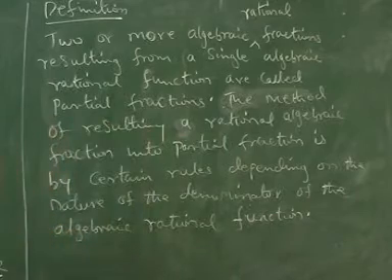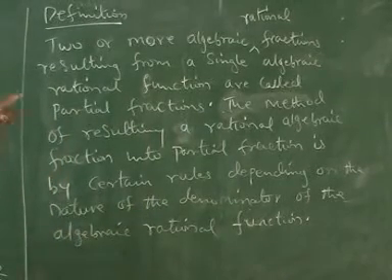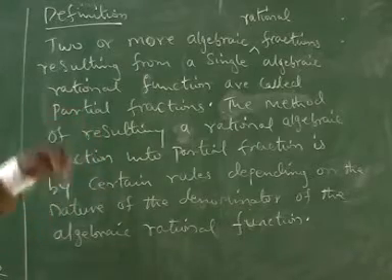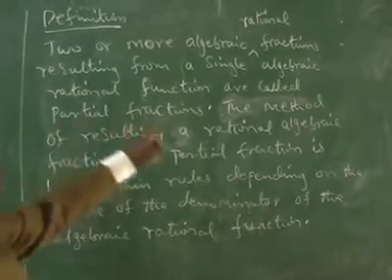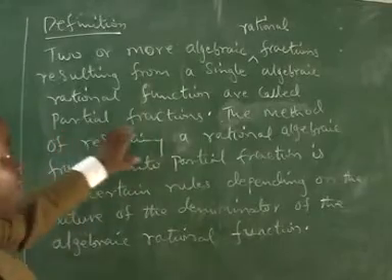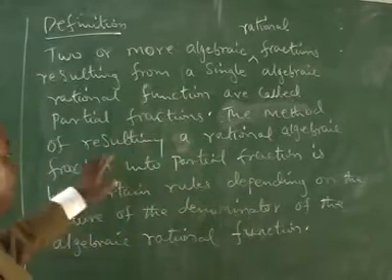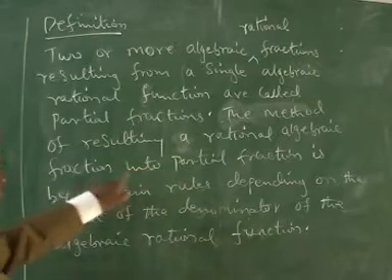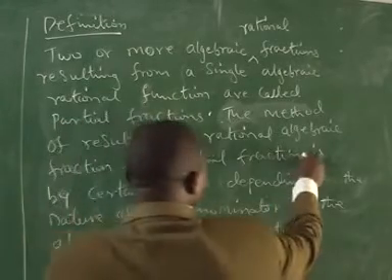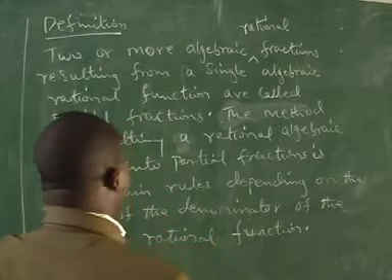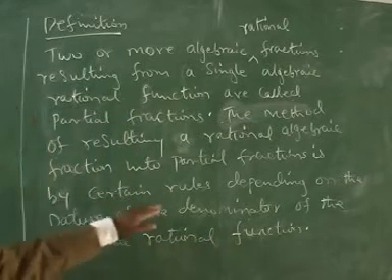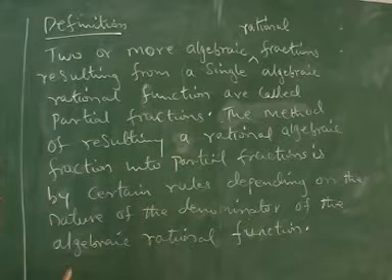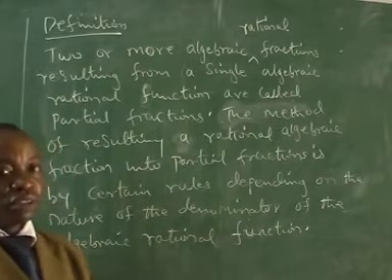Yes, so two or more algebraic rational fractions resulting from a single algebraic rational function are called partial fractions. The method of resolving a rational algebraic fraction into partial fractions is by certain rules depending on the nature of the denominator of the algebraic rational function.